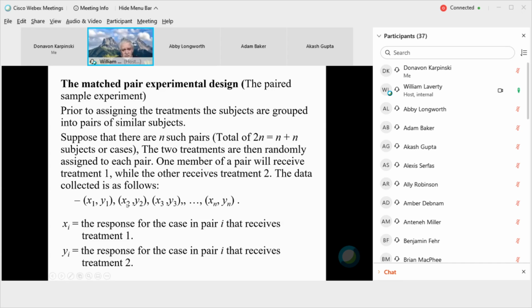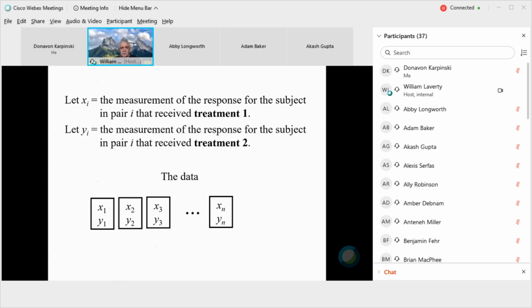And this is the same for 2 and 3 and up to n. So xi is the measurement of the response for the subject in pair i that receives treatment 1. Yi is the measurement of the response for the subject in pair i that receives treatment 2. So the observations in the two samples, the two treatments, are matched together.